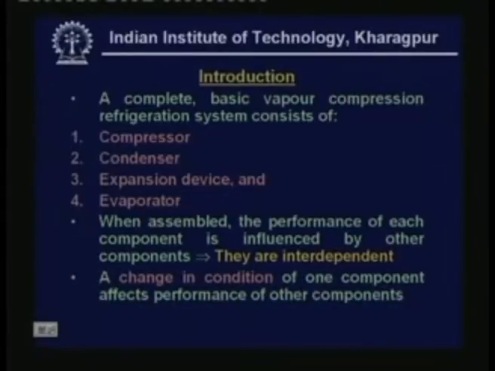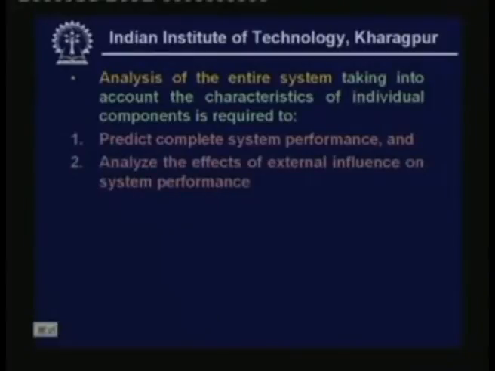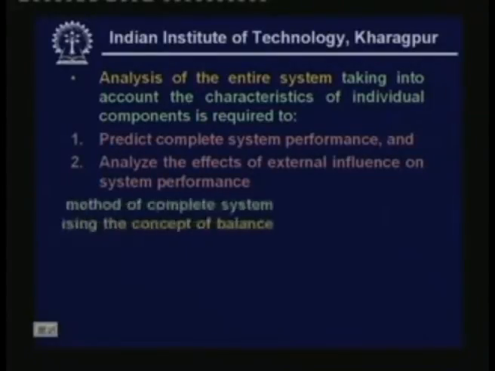A change in condition of one component affects performance of other components. Analysis of the entire system taking into account the characteristics of individual components is very much required to predict complete system performance and analyze the effects of external influence on system performance.